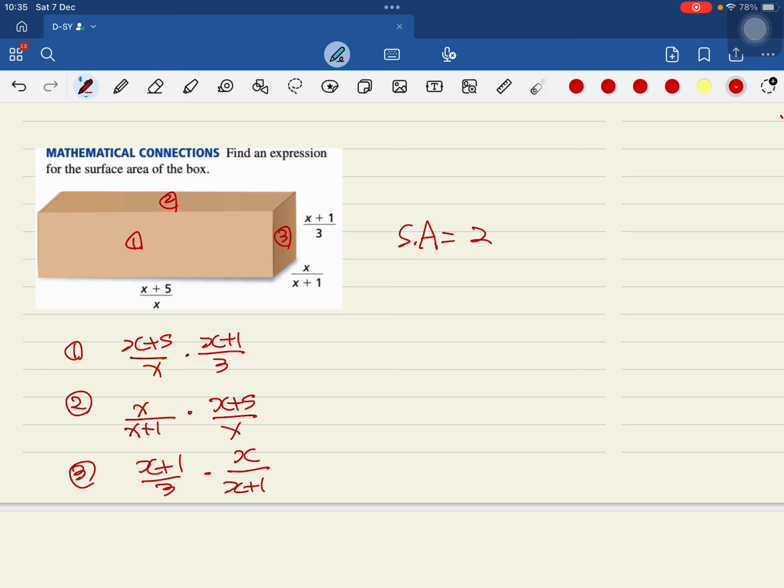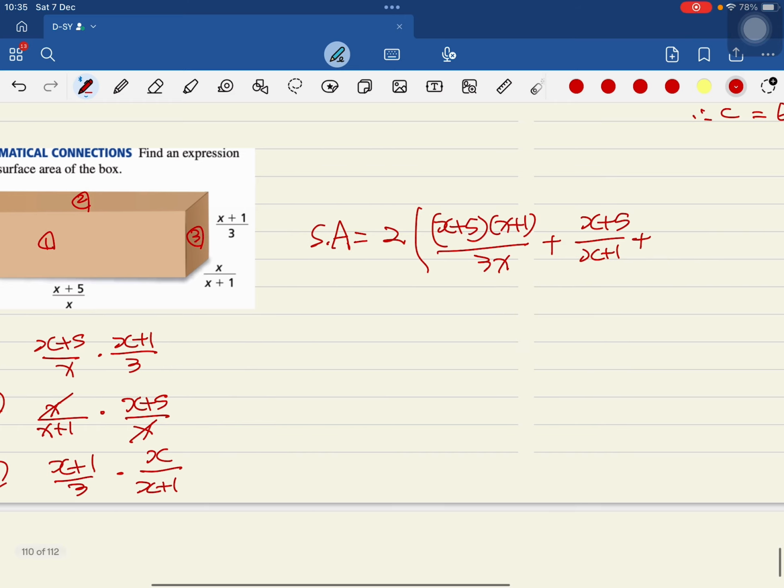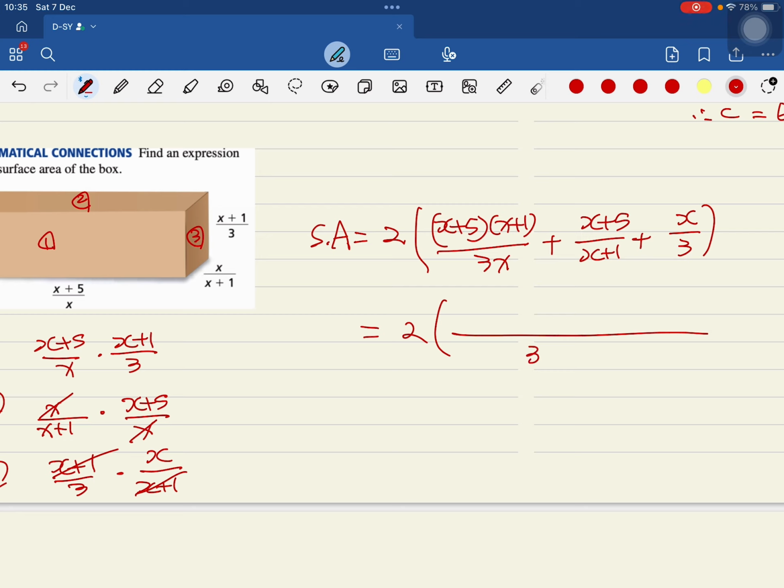So the total surface area, each of them are 2, so 2 times: the first one is (x plus 5)(x plus 1) over 3x, plus (x plus 1)(x plus 5), plus... it's getting simpler. Now we need to find the common denominator. We have 1, 3, 1x, and 1x plus 1.